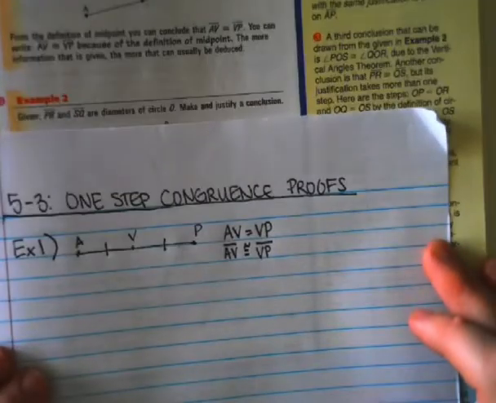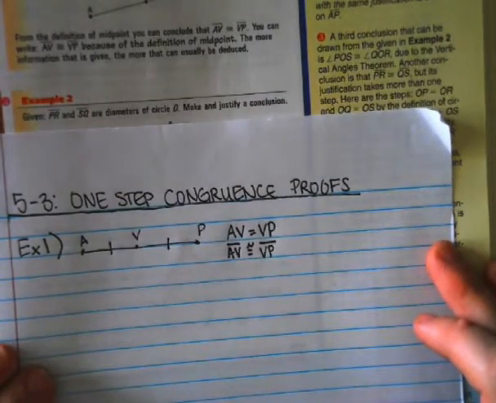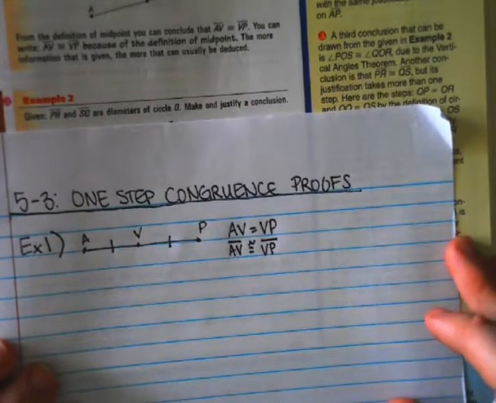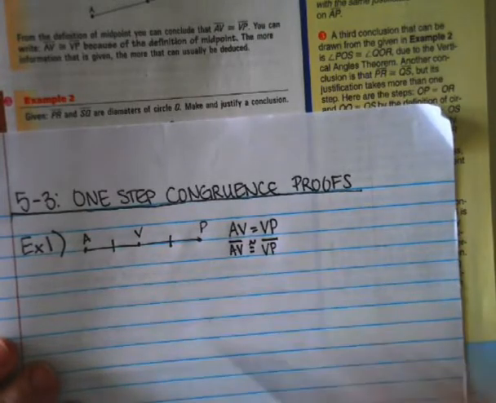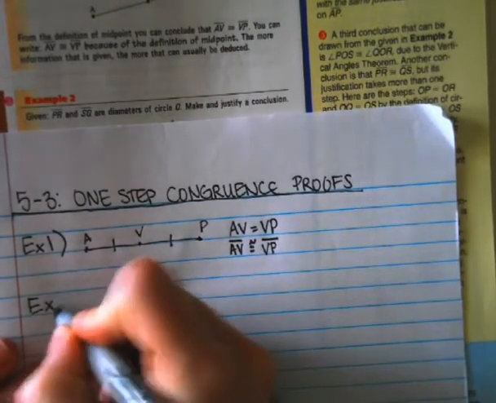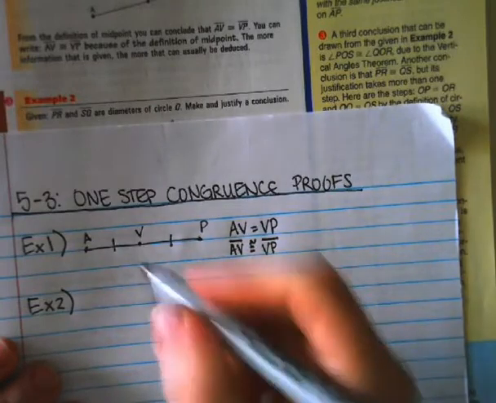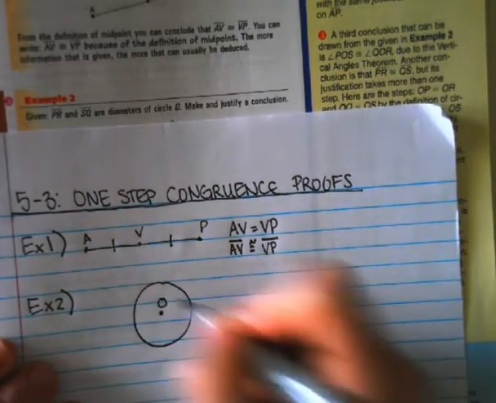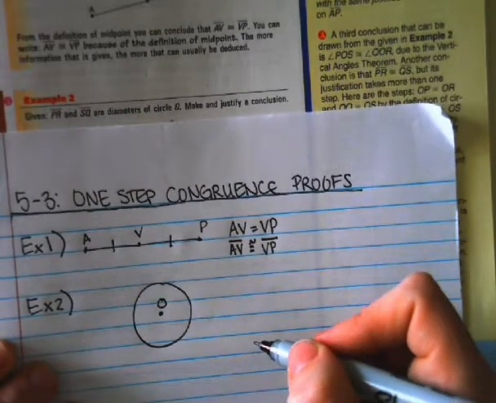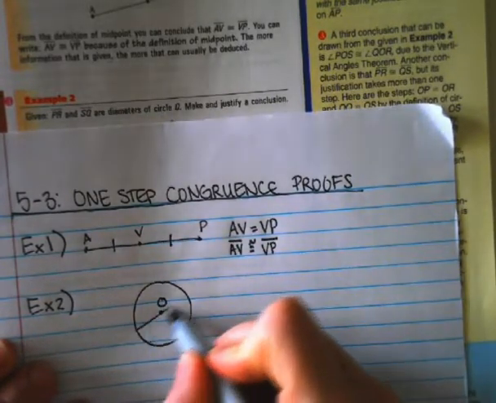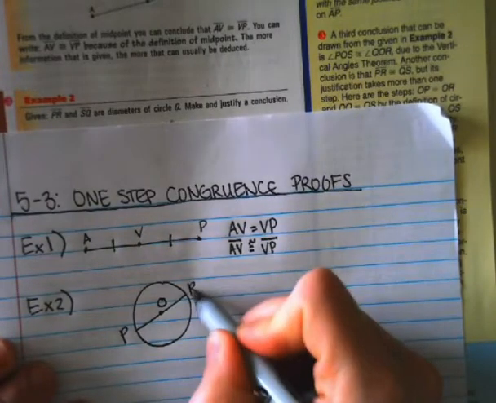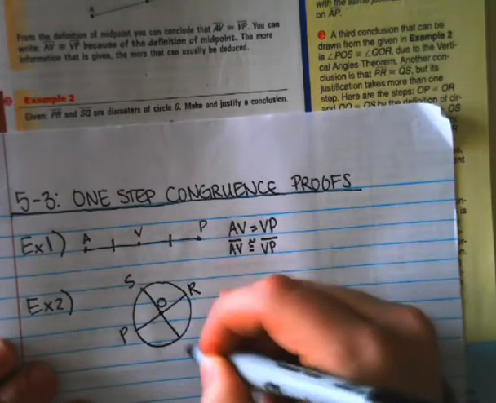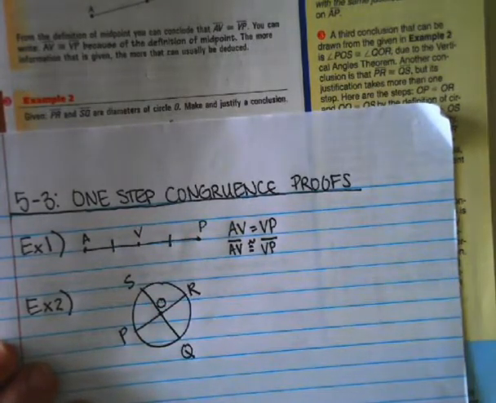Given segment PR and segment SQ are diameters of circle O, make and justify a conclusion. Okay, so I'm going to draw a picture again. So I have circle O, PR and SQ are diameters of the circle.